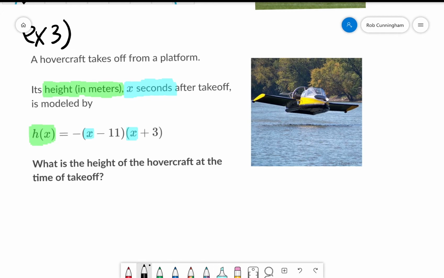What is the height of the hovercraft at the time of takeoff? Well, at the time of takeoff, assuming that that's where we're starting our timer, that's going to be time equals 0 again. The moment the hovercraft takes off, we hit that stopwatch, so to speak, and it starts at 0 and then begins climbing up. Although in this case, we're using x instead of t.